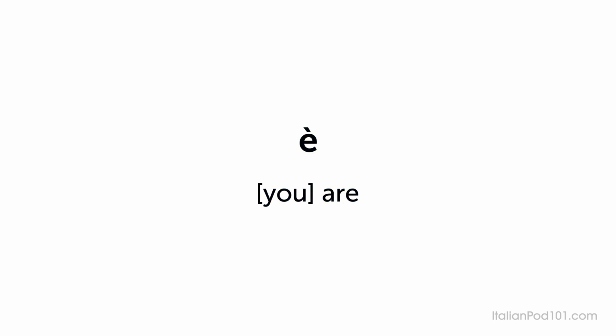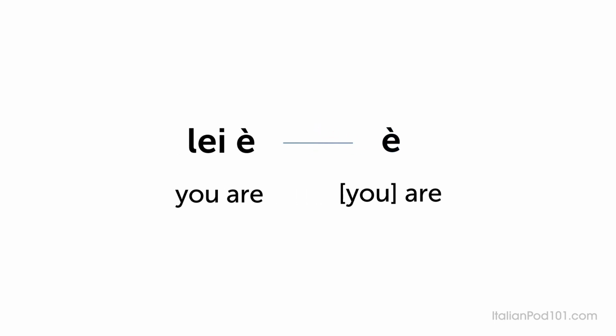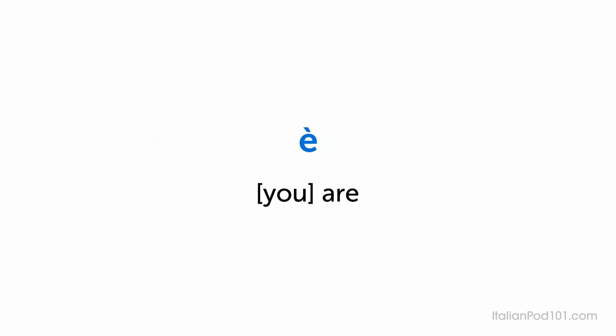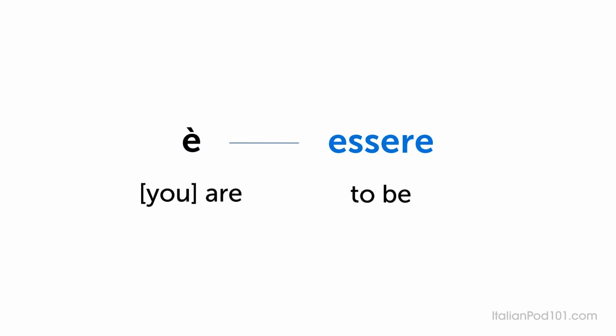Note, È is a shortened form of Lei è, you are. In Italian, Lei, you, when using formal Italian, can be omitted when it is understood from context. È is from the verb Essere, meaning to be.